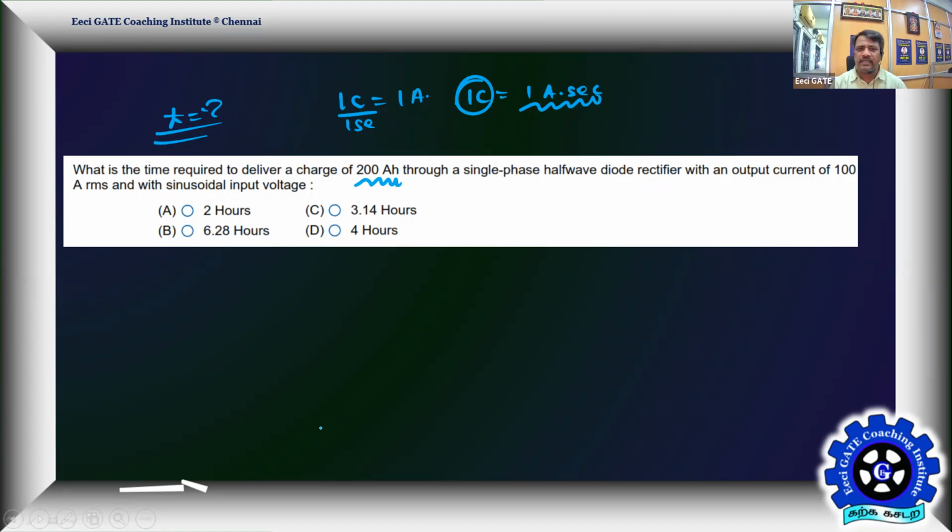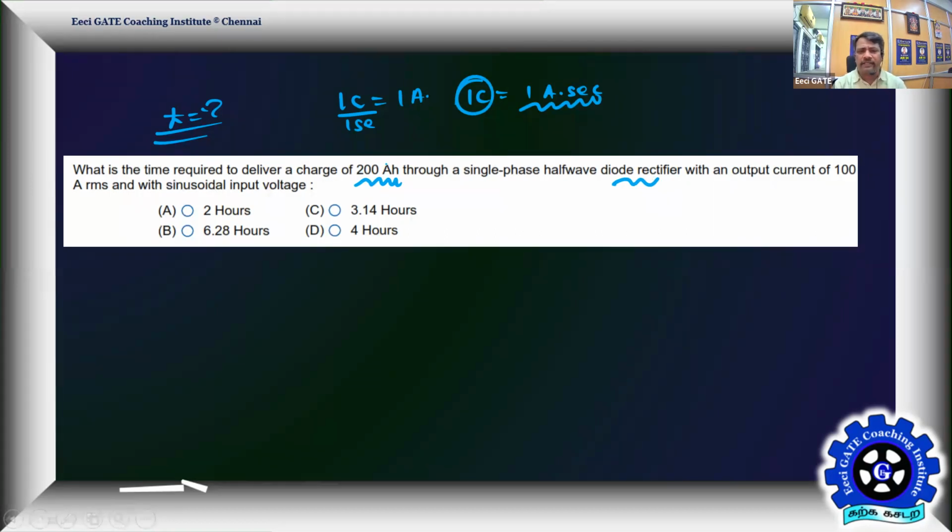So it has to deliver, we have some element like a charger. It has to deliver a charge of 200 ampere hour through a single phase diode rectifier, a half wave rectifier, with an output current of 100 amps RMS with a sinusoidal excitation. So how much time do you really need to deliver a charge of 200 ampere hour?